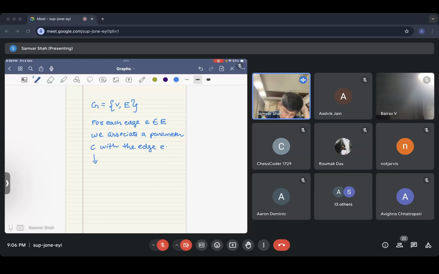This is termed the weight of the edge. I'll give a quick example of a weighted graph. This is a weighted graph. For each edge, E to B is an edge, E to C is an edge, and I add a weight.